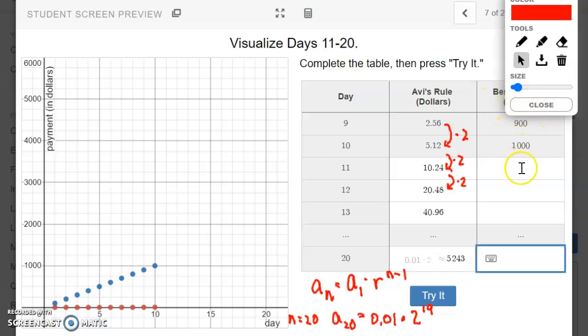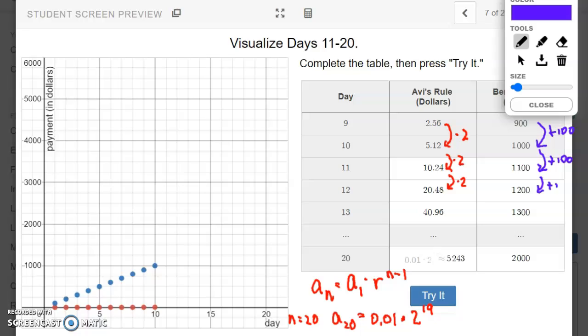Okay, let's do the same for Benita. It's going to be $1,000 here. We're going to add $100 more. It's going to be 1,100 and 1,200 and 1,300. So on the 20th day, I know it's going to be 2,000. Or I could have used the arithmetic formula because we have a common difference, don't we? It's increasing by 100.